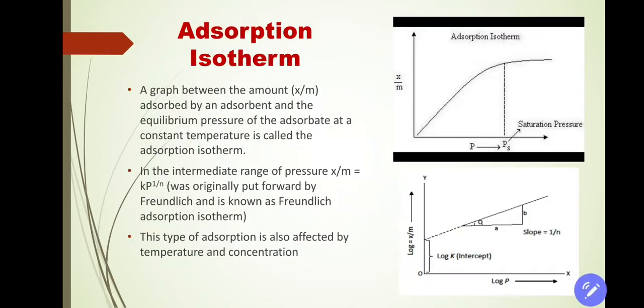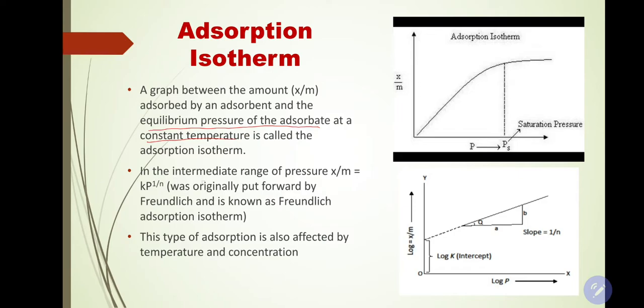Okay, now let us learn what an adsorption isotherm is. Basically, an adsorption isotherm is a graph between the amount of substance adsorbed by an adsorbent and the equilibrium pressure of the adsorbate at constant temperature. So you can see the graph over here.